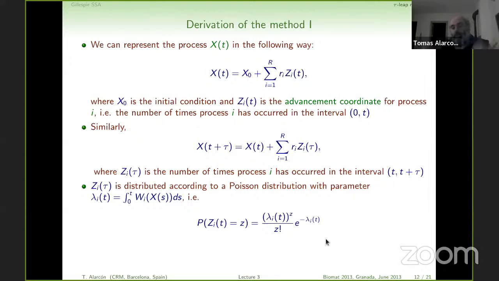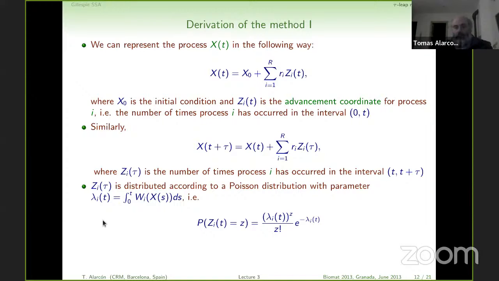Now, because we know that the process is a Markov process, and the waiting time distribution is an exponential one with a parameter that is given by this thing here, then zeta I is distributed in this way. It's a Poisson distribution with a parameter that depends on time. It's not a constant parameter.